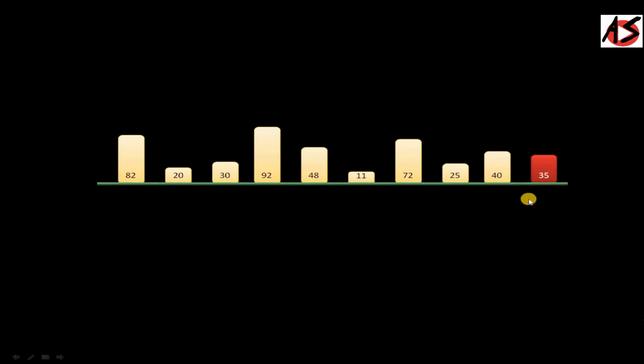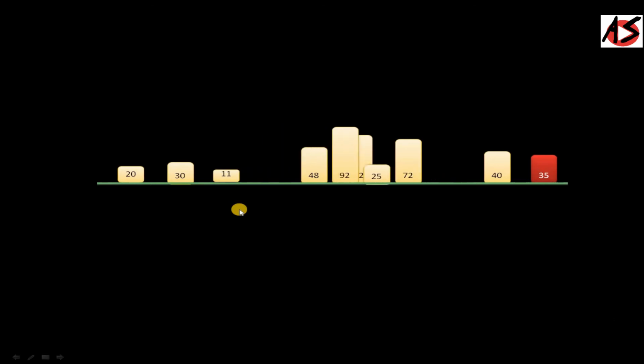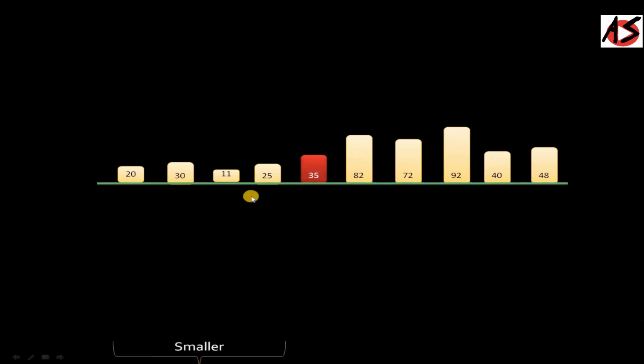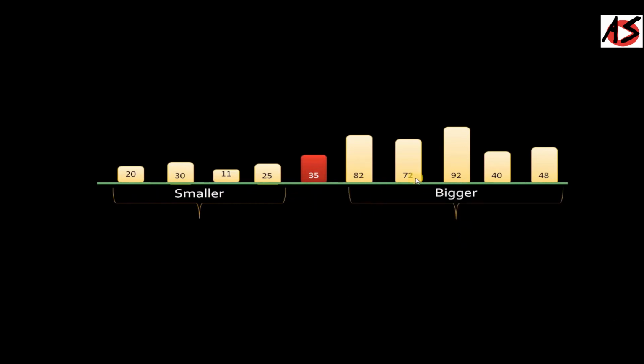In sorting methods, if you take one element as a pivot element and then, with respect to the pivot element, you exchange all other elements in such a way that you get all smaller elements to the left of the pivot element and all bigger elements to the right of the pivot element, using this technique you can sort the elements quickly, rather than with bubble sort, insertion sort and selection sort.